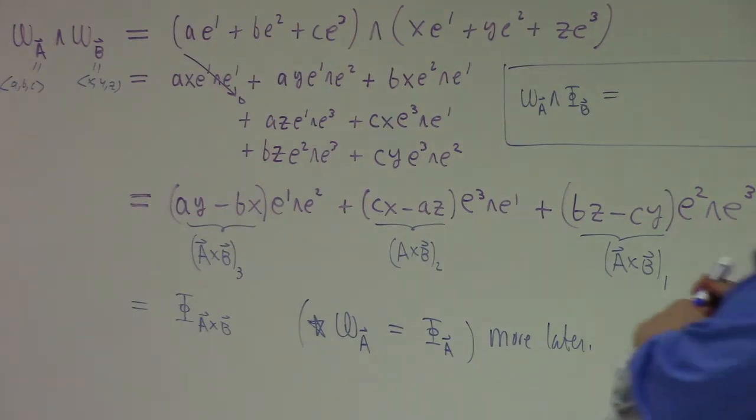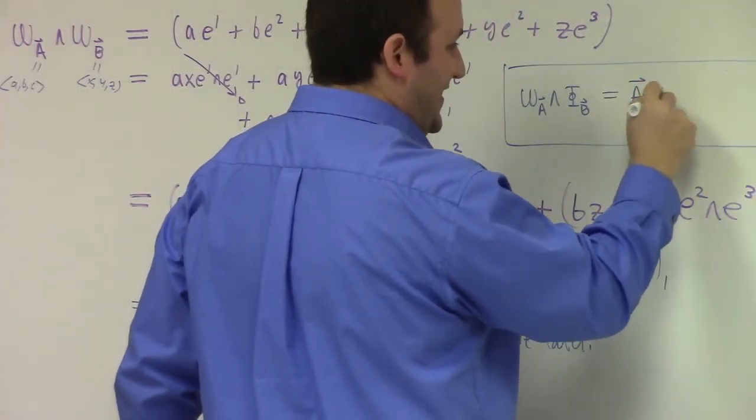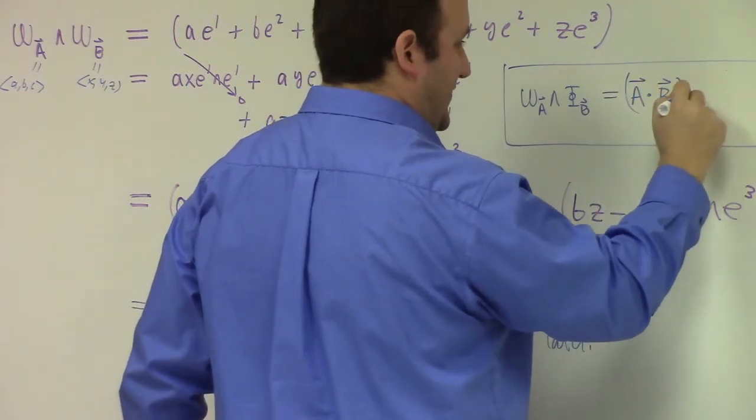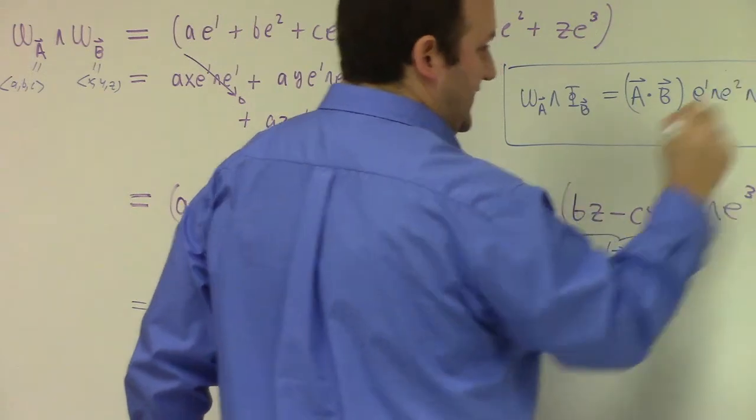So it's what? It's A dot B? Yeah, you can see it, right? You guys saw it. It's A dot B times E1 wedge E2 wedge E3 in our current notation.